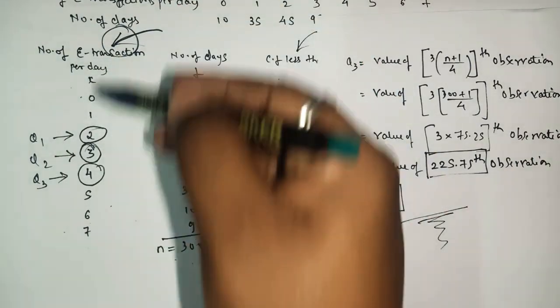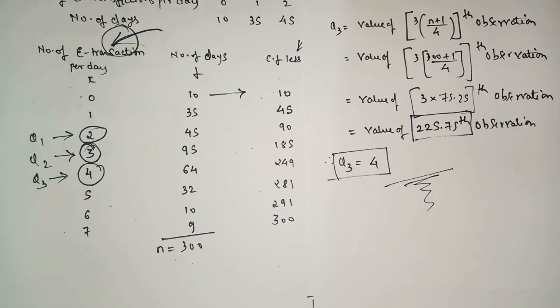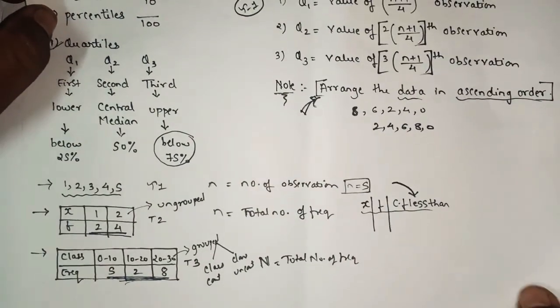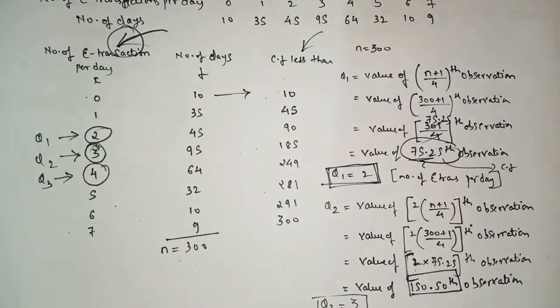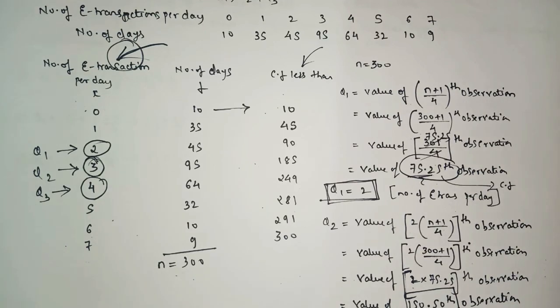So from here you will get the answers of Q1, Q2 and Q3. I hope you understood type number 1 as well as type number 2, as we took 2 examples today for type number 2, and I guess it is enough to understand the method and the concept.